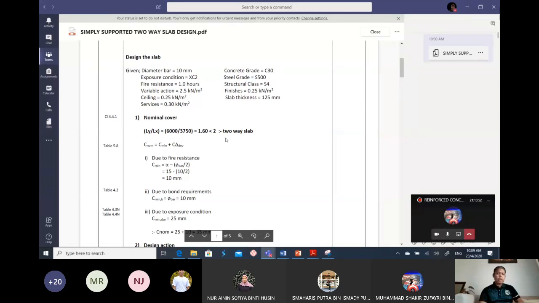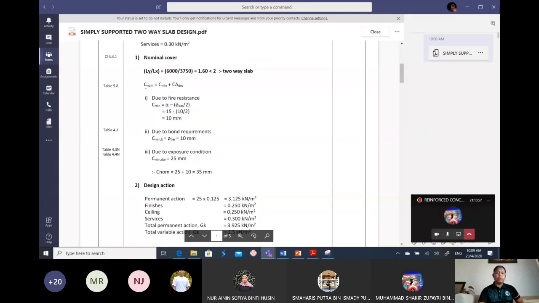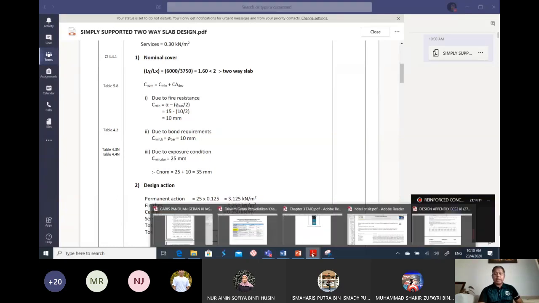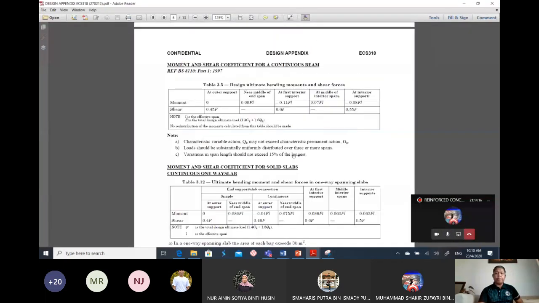Next, we have to calculate the C nominal, which is equal to C minimum plus C deviation, due to the fire resistance, the bond requirement, and the exposure condition. We have a look at the determination of alpha for two-way slab. Refer to your design appendix, table 5.8.